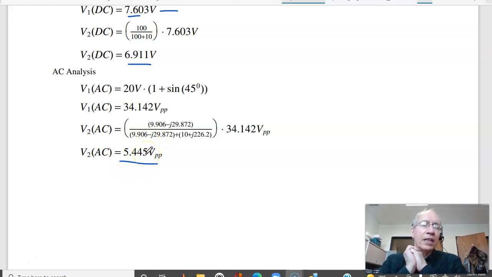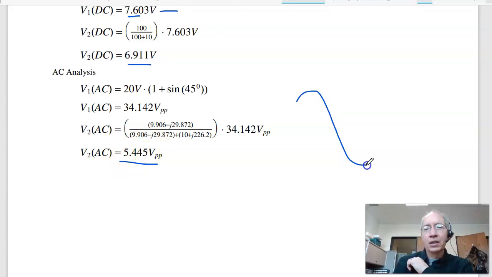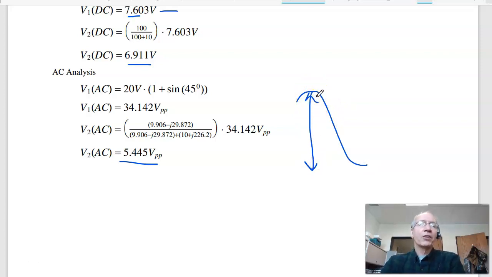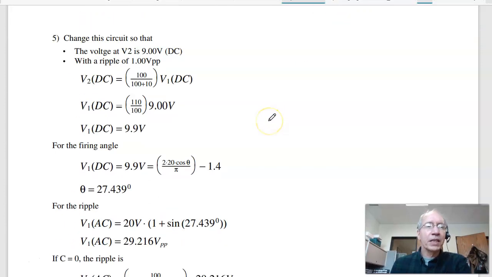Again, the reason I'm off on the AC voltage is I'm assuming the first harmonic in the Fourier transform is the peak-to-peak voltage. It kind of looks like this. I'm taking that as the first harmonic. That's close, but a little bit wrong. To be more accurate, I should be using Fourier transforms. But for this class, good enough.